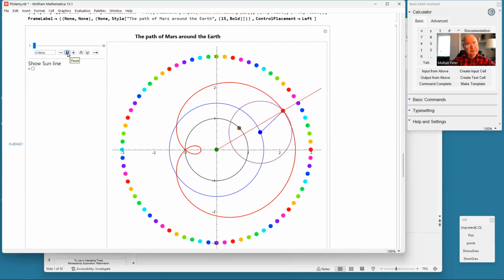And so here, there is the retrograde loop. There's the sun going around. And right here, as we get into our retrograde, where we have to be at the brightest, where Mars is the closest, yes, we are in opposition.